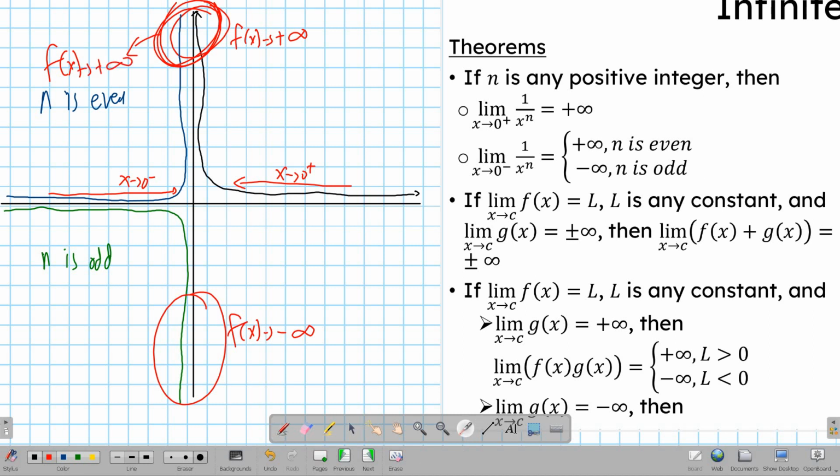That's why in this theorem we say that if n is odd, the limit of 1 over x raised to n would be negative infinity, and if n is even, positive infinity.